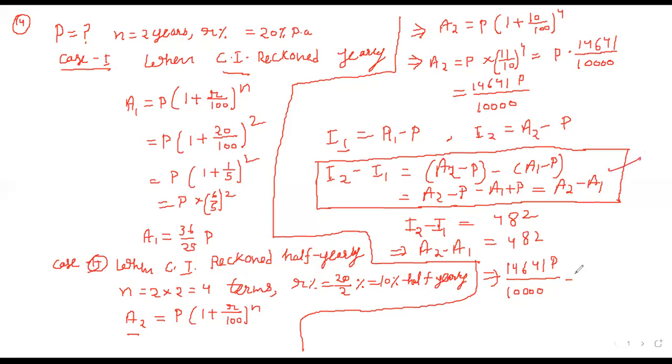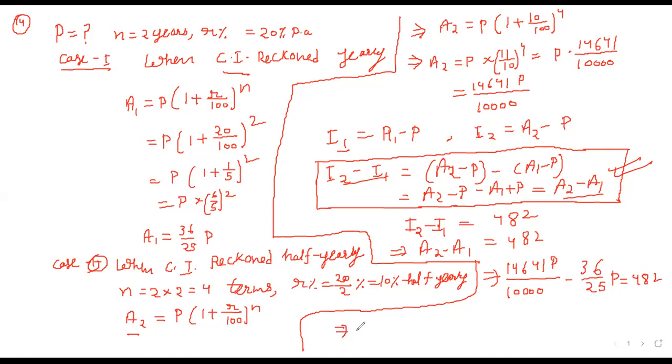You can use this result directly always, by writing I2 minus I1 equals A2 minus A1, as we have used. Or you can show it also, depends on you. And A1 is 36 by 25 P equals the difference given, 482.